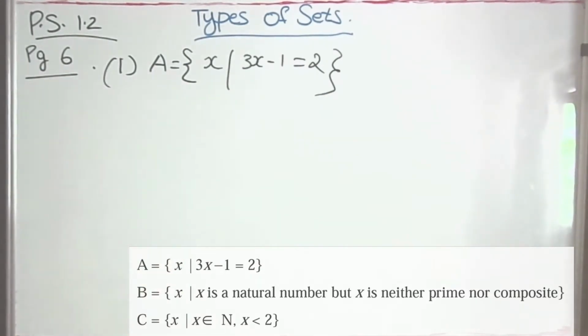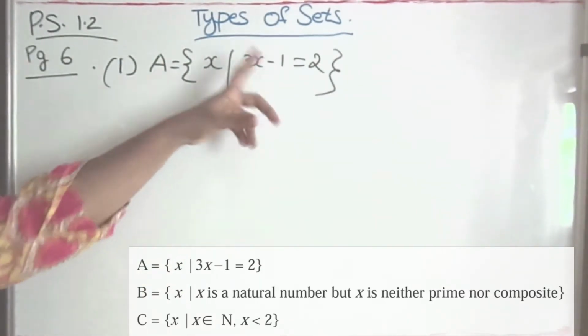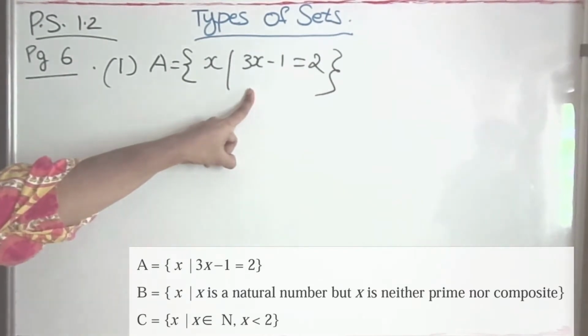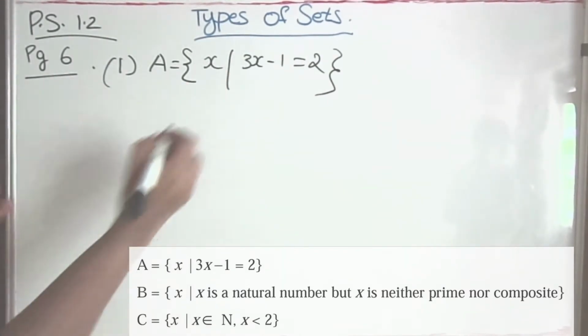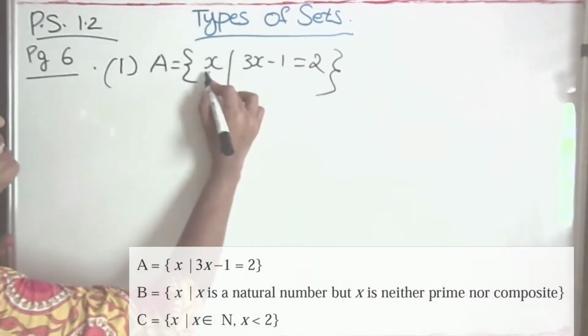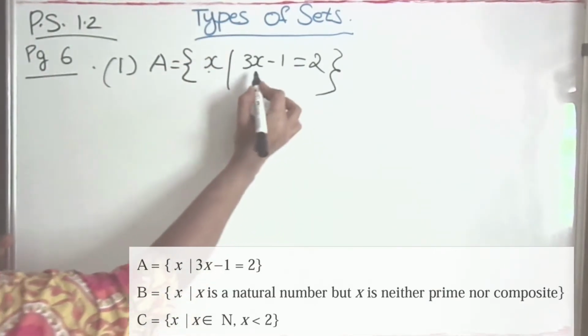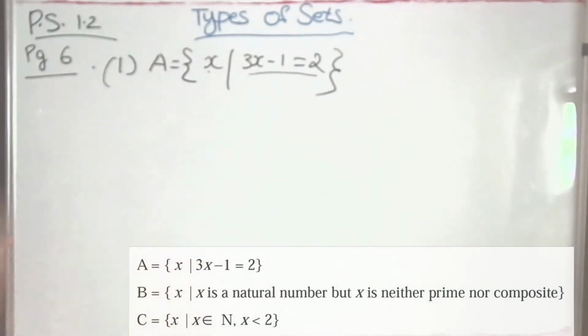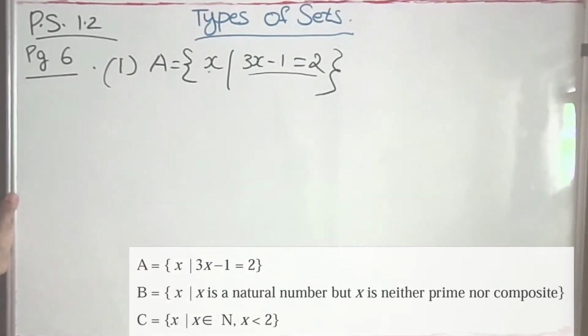Okay. Now, we have to find which are the elements which are there in A. For that purpose, we have been given that the elements are x, and x is a solution of this equation, 3x minus 1 is equal to 2.